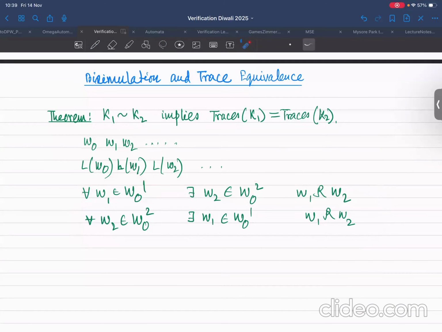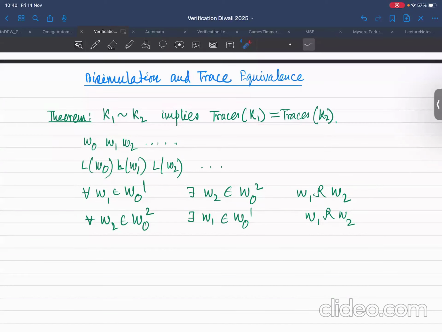Clear? So now we say that if they are bisimilar, then their traces are the same. How do you prove such a thing? Is the statement of the theorem clear?